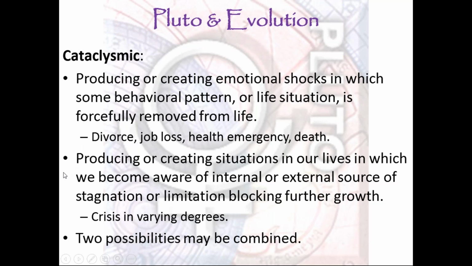In the second case, it would be us recognizing the stagnation or limitations of the relationship, and we leave the partner. And regardless of who's left or who's doing the leaving, it creates a crisis for both people involved.